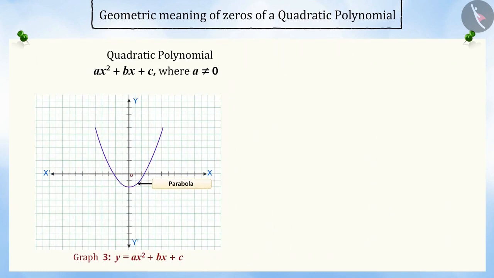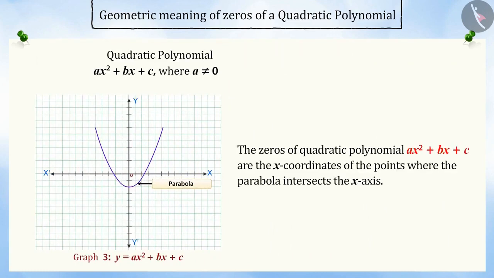On this basis, we can say that the zeros of the quadratic polynomial ax square plus bx plus c are the x-coordinates of the points where the parabola intersects the x-axis. This result is true for all quadratic equations.